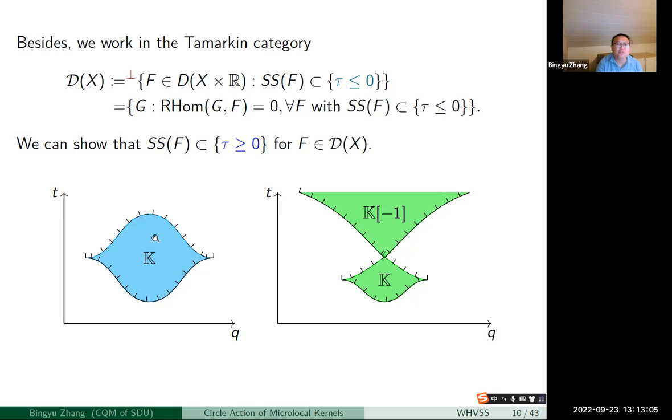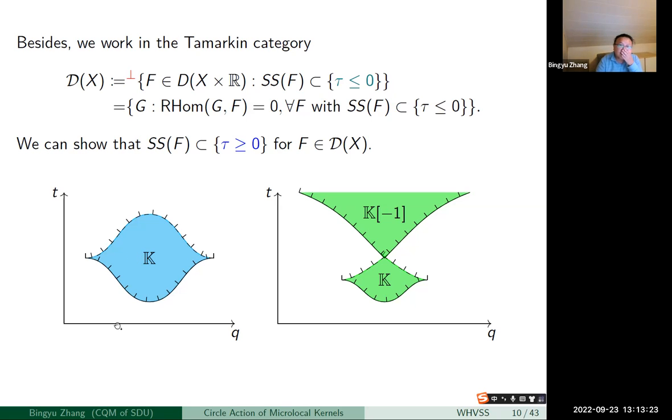If we consider this sheaf, using our previous computation at the boundary, you can find that the singular microsupport is a simplification of this Lagrangian R_0.